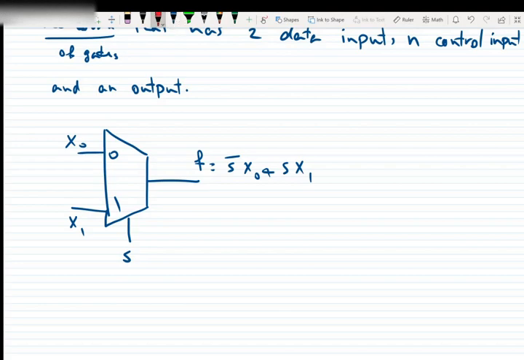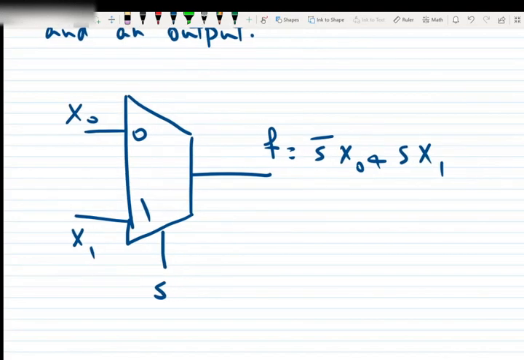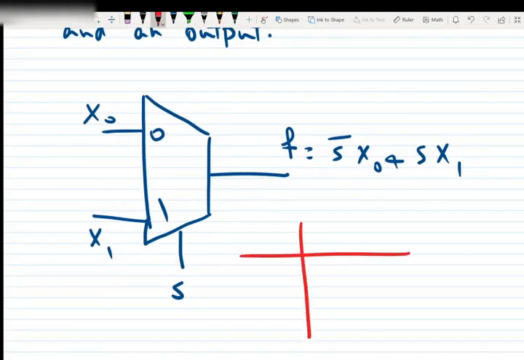But how does it work? Let me show you. If S is 0, x0 will be connected to the output.